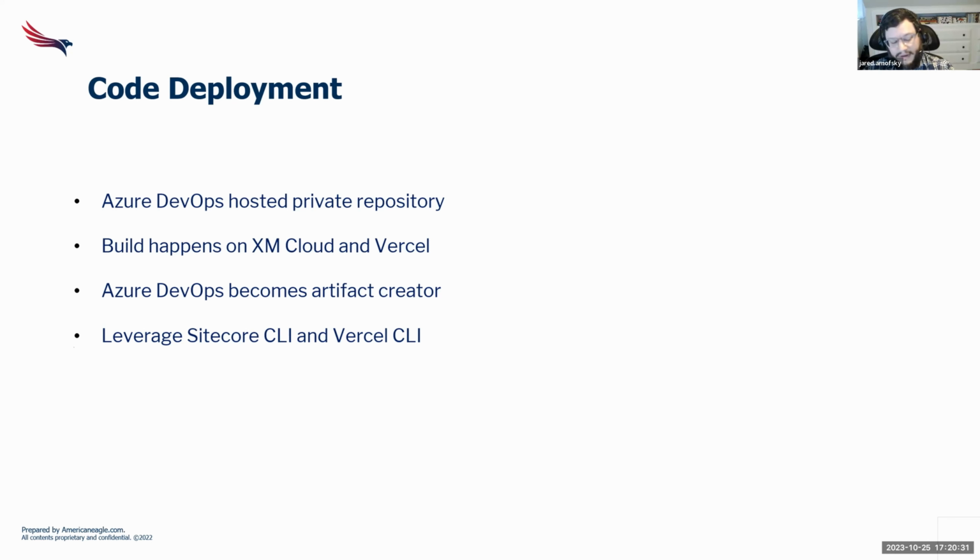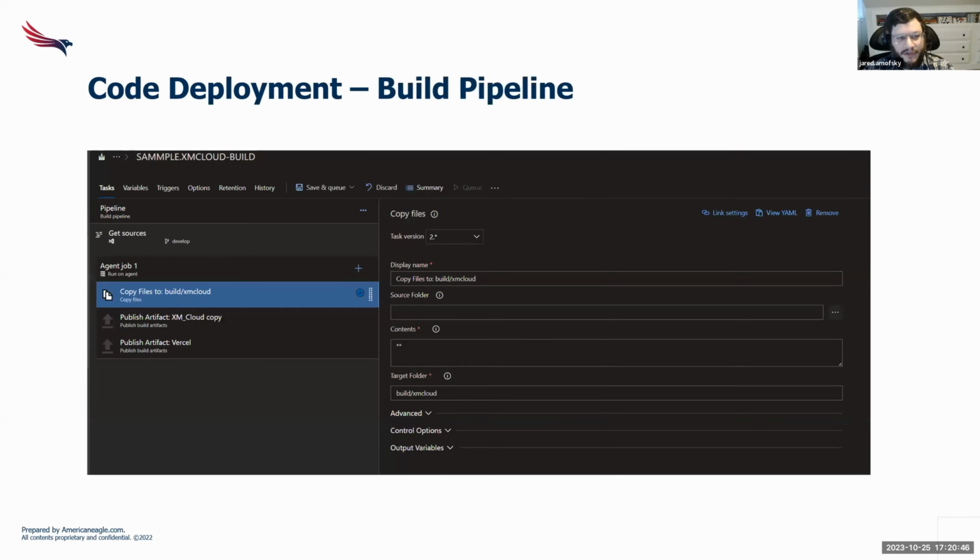You can do more in there, like we were running lint and some other code checks in the build process, but pretty much it was just an artifact builder for us. And you leverage the Sitecore CLI and the Vercel CLI to do the deployment. I know you can build your deployments with the templates, but I chose to do it this way just so I could walk through it and explain it.